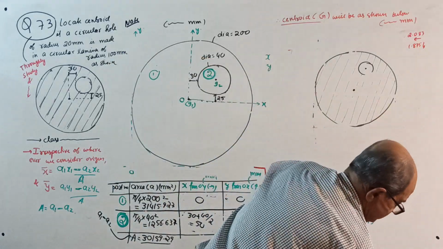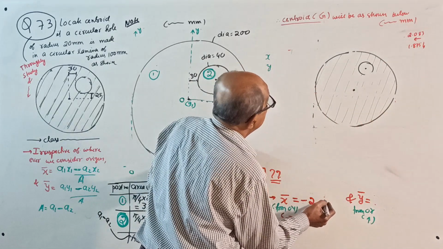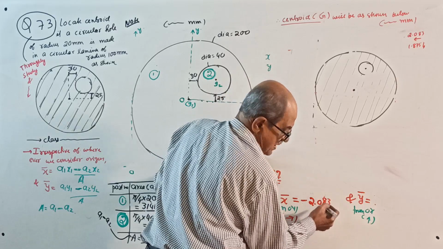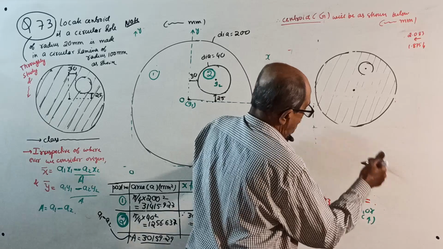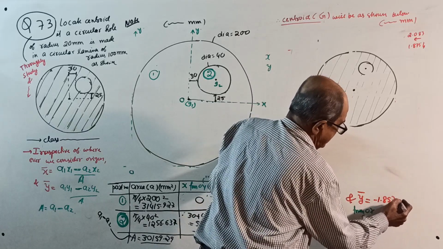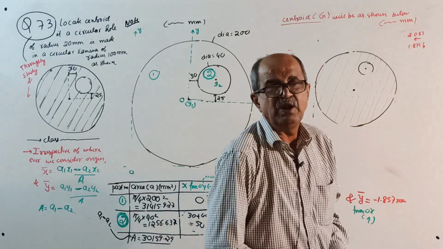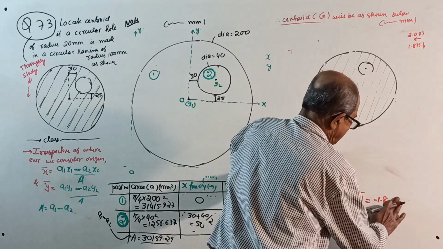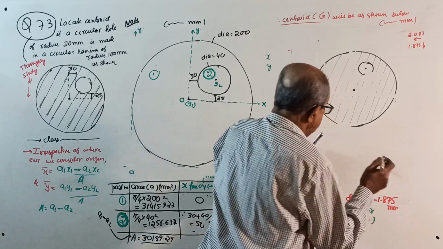X bar will come minus 2.083 millimeter, and y bar will come minus 1.875 millimeter. I am guaranteed about this, I won't calculate. Okay, you get this answer.